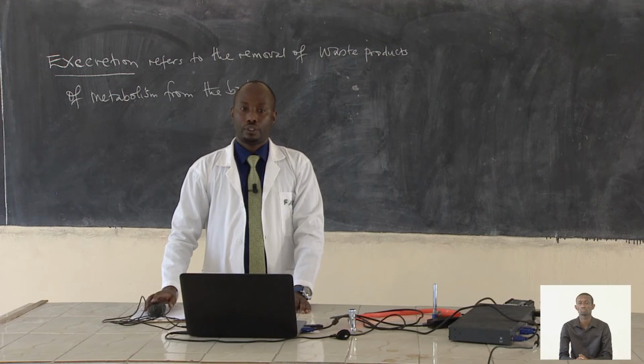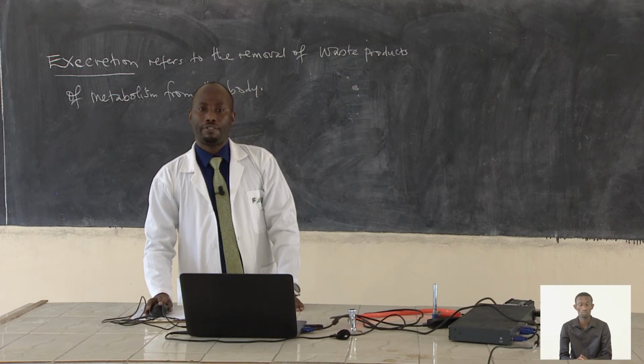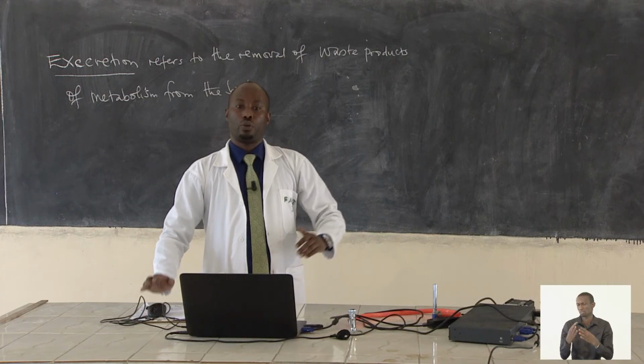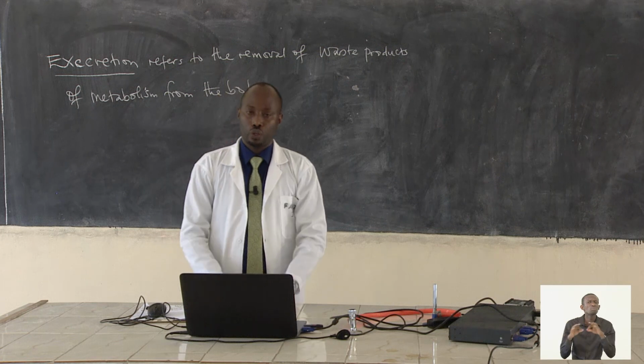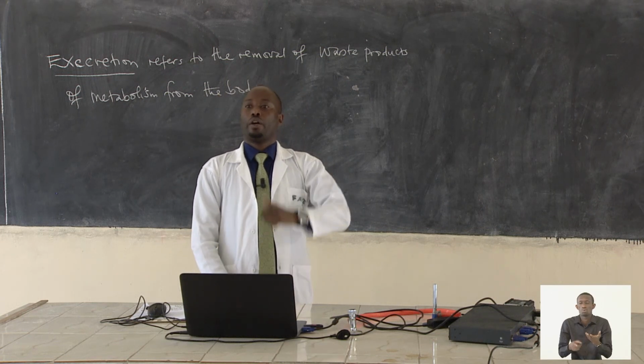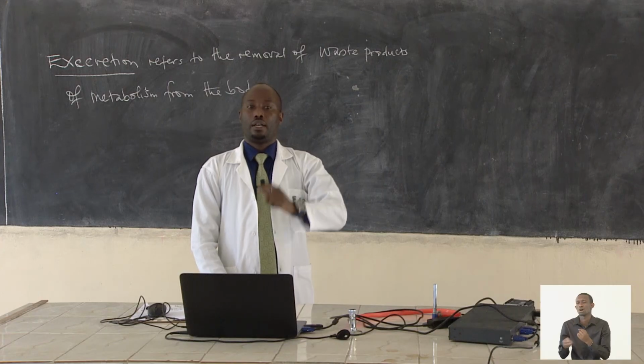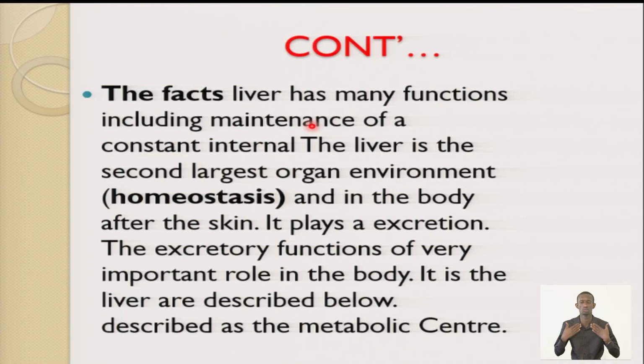Of course, the liver has very many functions. I told you in this lesson we're going to discuss the functions of the liver. What does the liver do in order to do excretion or homeostasis? This includes maintenance of a constant internal environment. The liver is the second largest organ in the body, after the skin, because the skin is the first.